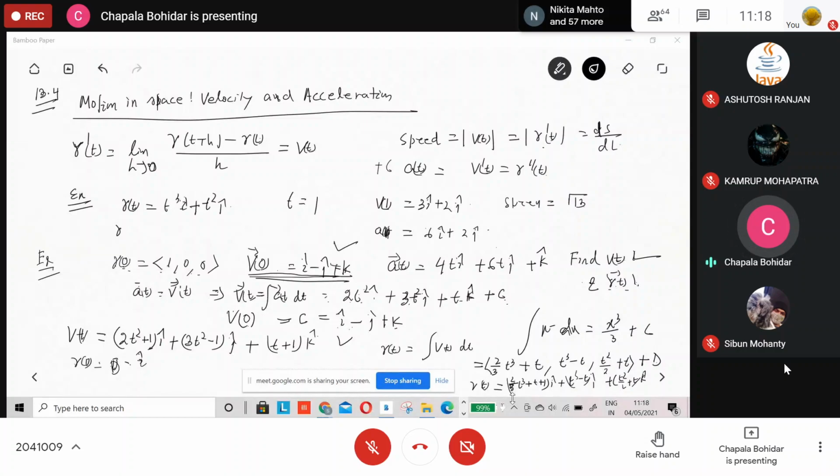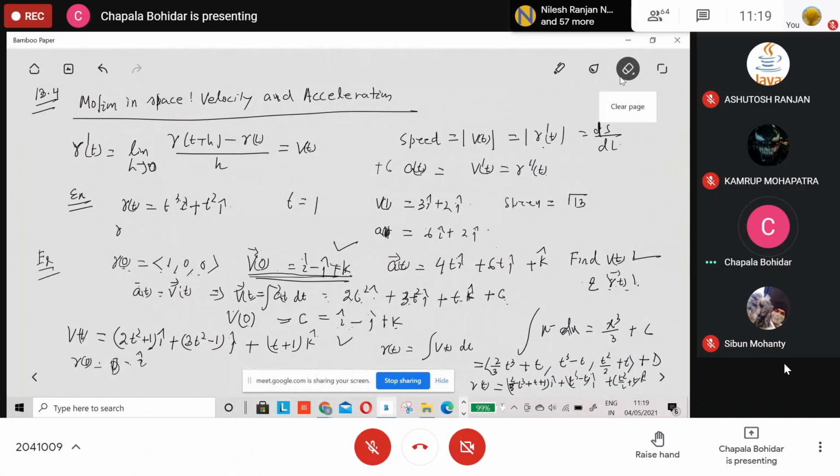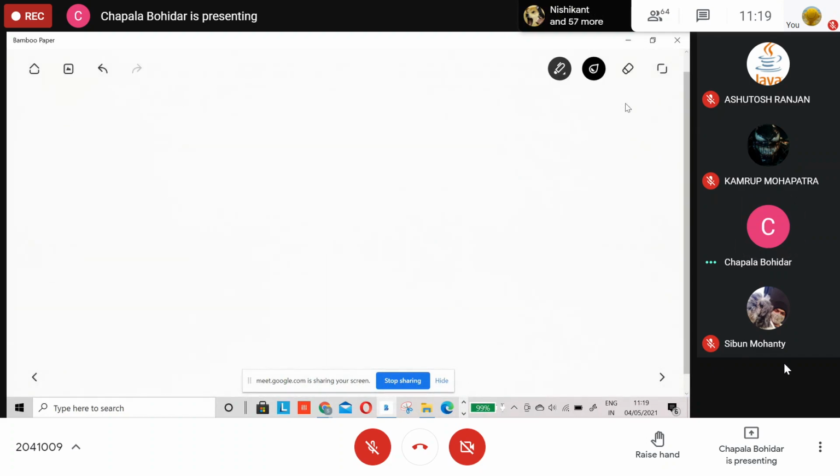What is your Newton's second law of motion? Rate of change of momentum is equal to force.